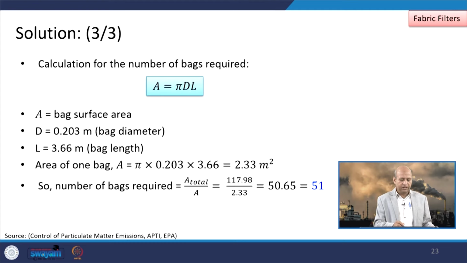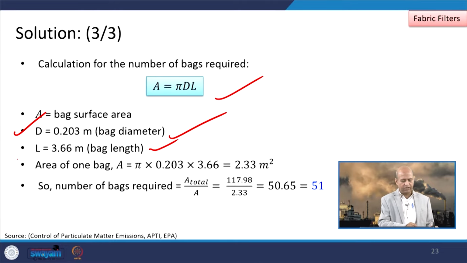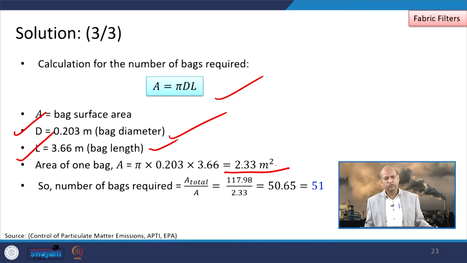Next we need to calculate the number of bags. Here is the relationship for bag surface area, A equals pi dl. The bag diameter used in the fabric filter is 0.203 meter, and the length of the bag is around 3.66 meter. Diameter is given, length is given, so the area can be calculated: that is 2.33 square meter.